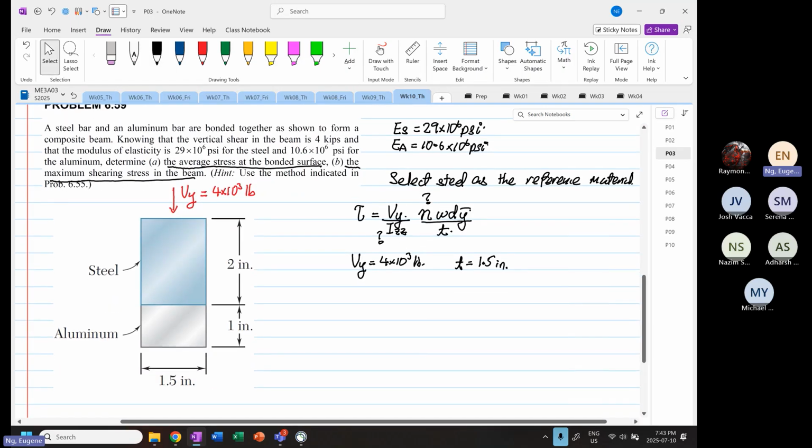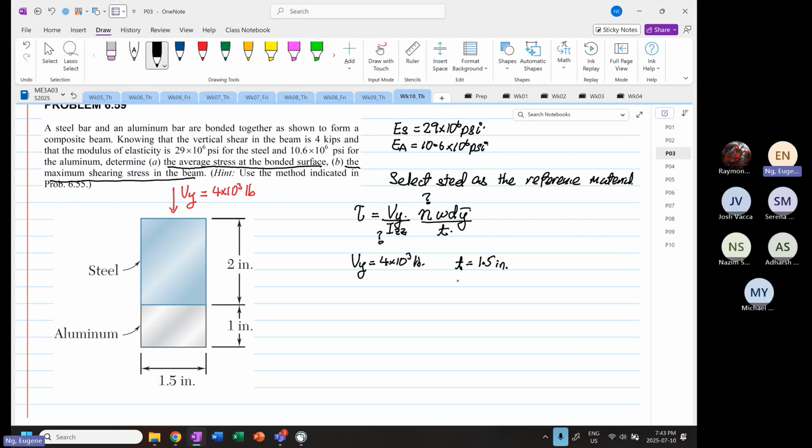The standard width is also equal to 1.5 inches, because if we were to sketch the shear flow, this is our thickness. Those are the other information that we know.